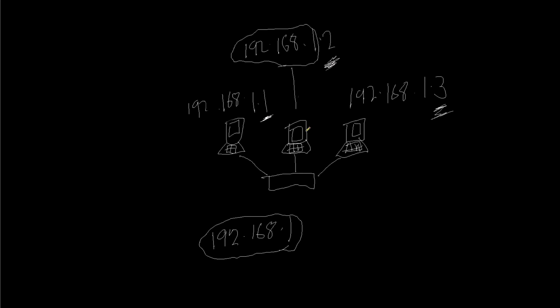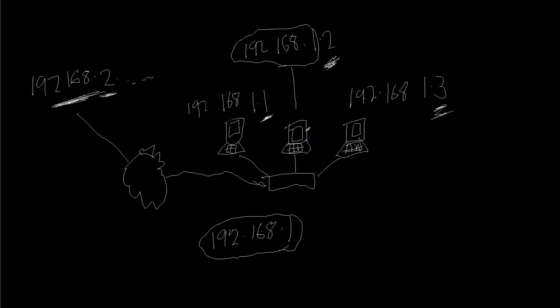If you add another network, so say let's connect this to the internet, and then you had this going off to another network, this network might be 192.168.2, whatever, for the computers. So if you notice, that number now changes. So these first three numbers will change for the network, and the number on the end will change for which computer device it actually is.